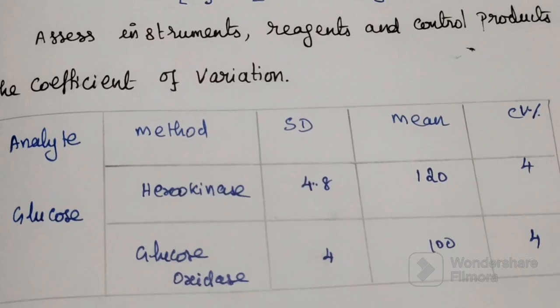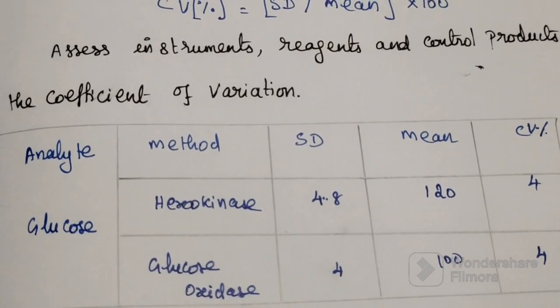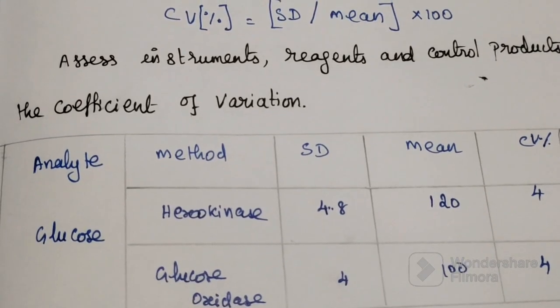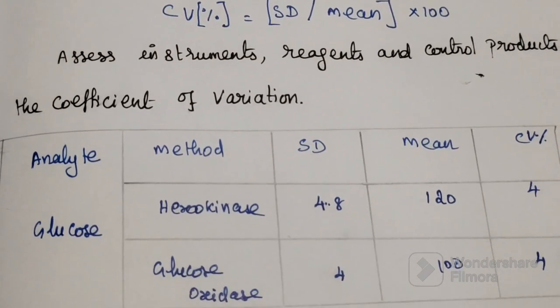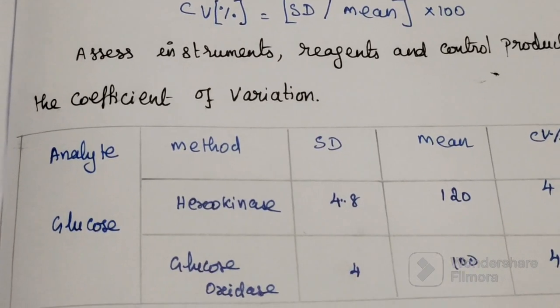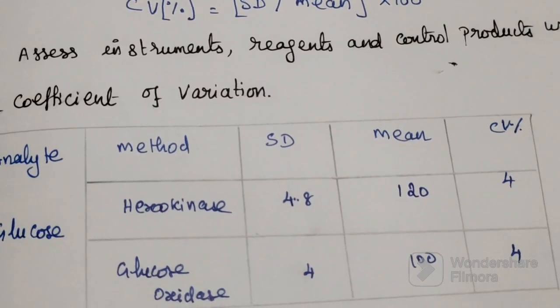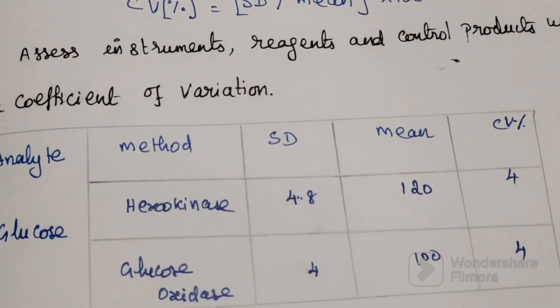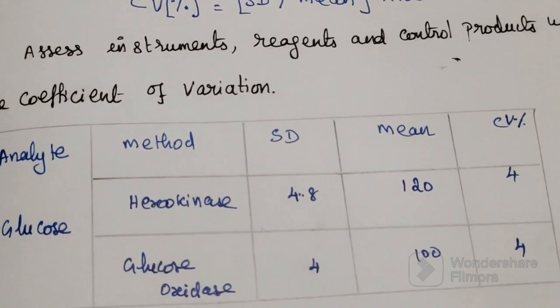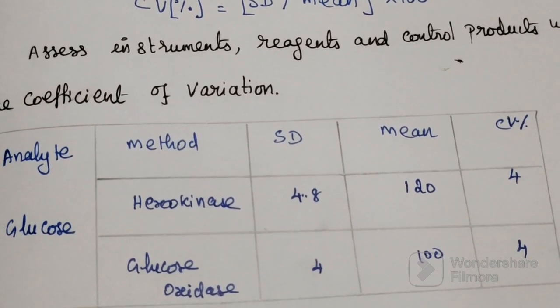For that you can calculate the coefficient of variation. For calculating that we require the mean. In the case of the hexokinase method, the mean is 120. For the glucose oxidase peroxidase method it is 100. On calculating, we get a coefficient of variation of 4 for both.